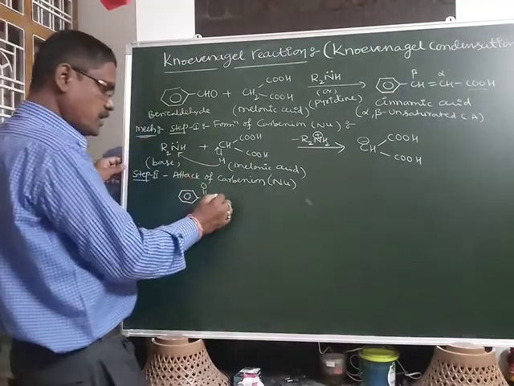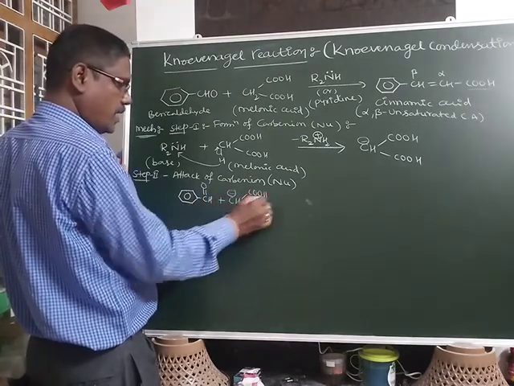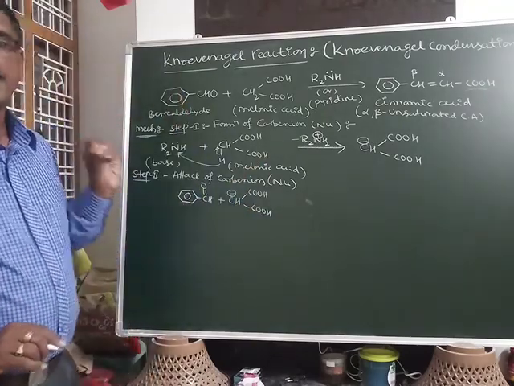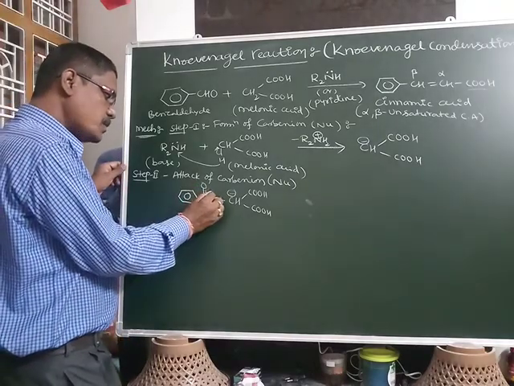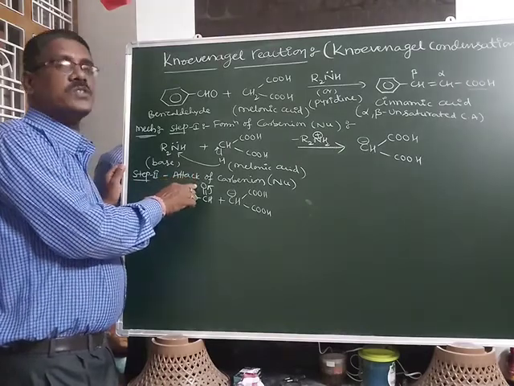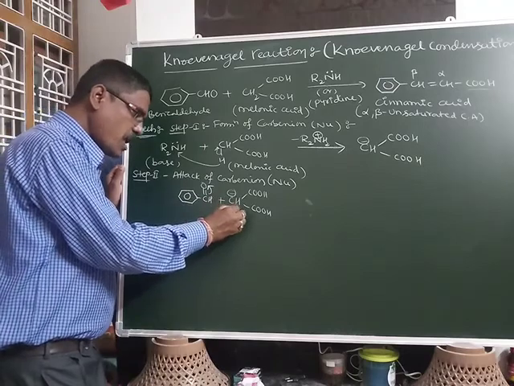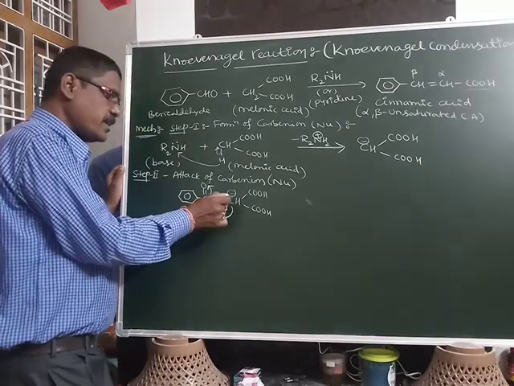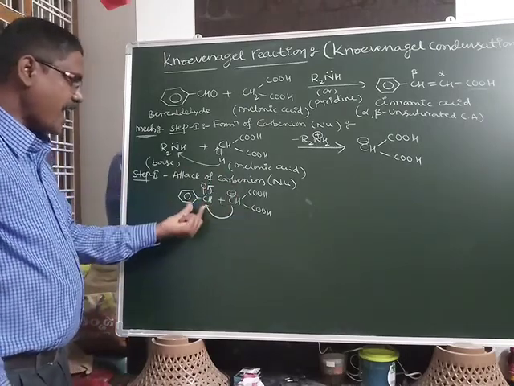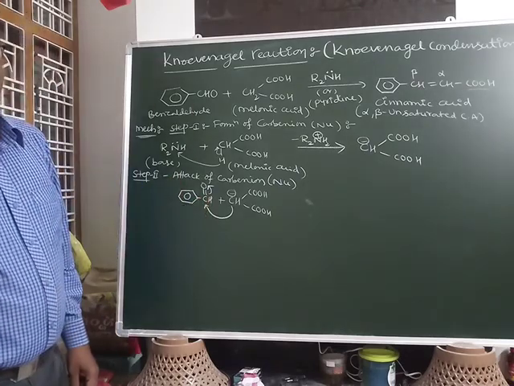Benzaldehyde reacts with the carbanion, which formed in the first step. This bond shifts towards the oxygen. Oxygen gets a negative charge, carbon gets a positive charge. The positively charged carbon attracts the negatively charged carbanion. That's why the carbanion attacks this carbon. It is called nucleophilic addition.